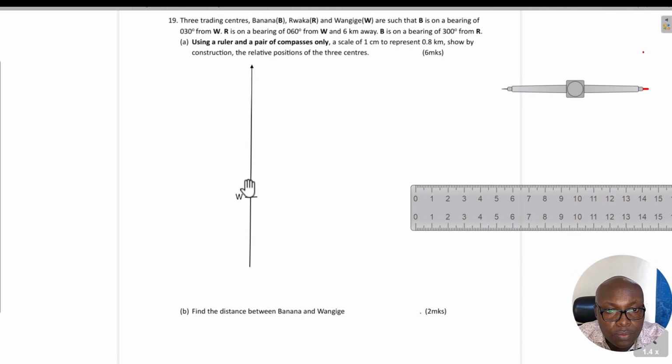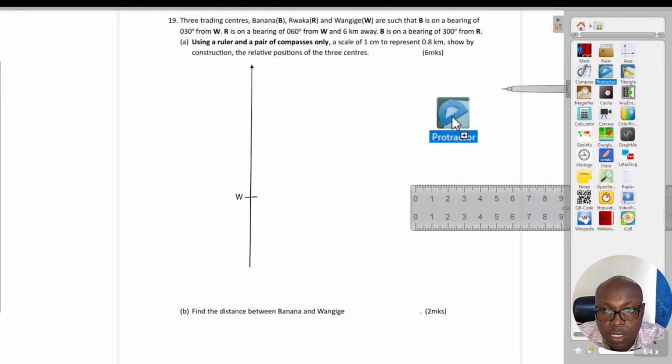Remember, for true north, when you're drawing these lines, although this one is already drawn, you always ensure that these lines, wherever you draw them on the diagram, are parallel. I'll have to emphasize that. And when you're measuring true bearing, we measure the angles from the north in a clockwise direction.